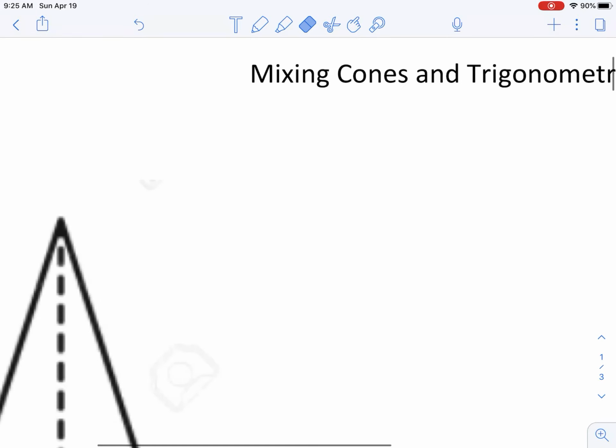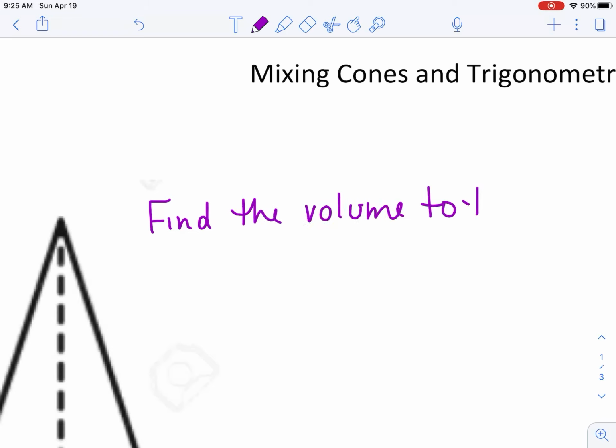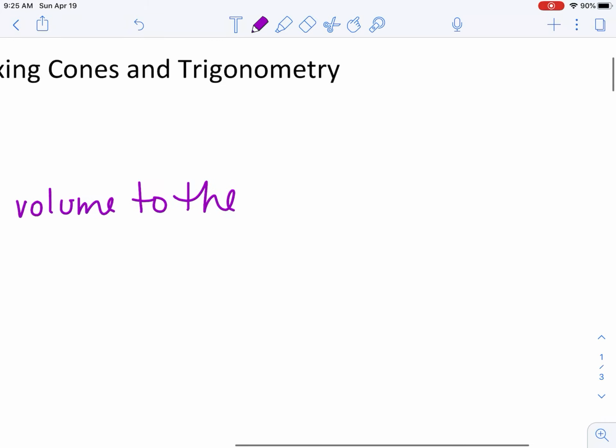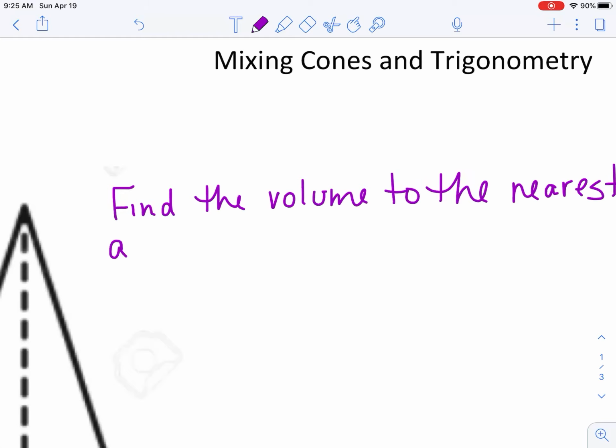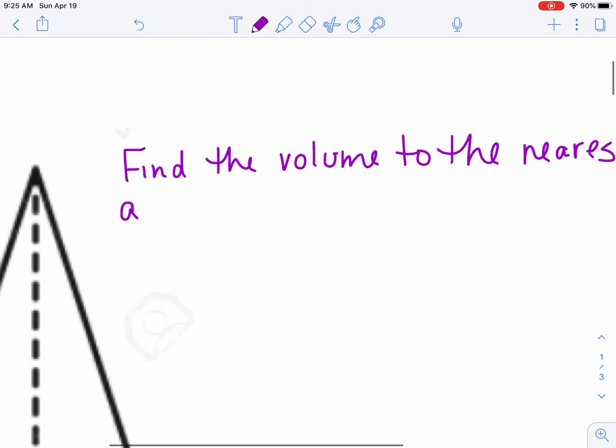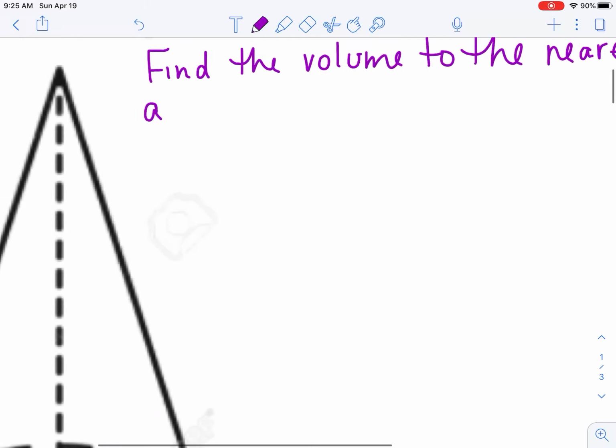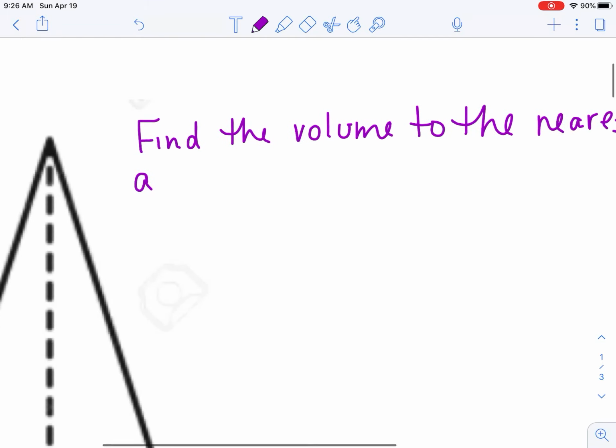Let me try that again, write a little nicer. Find the volume to the nearest tenth of a cubic centimeter.